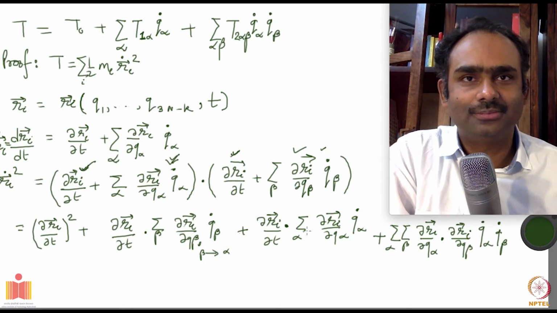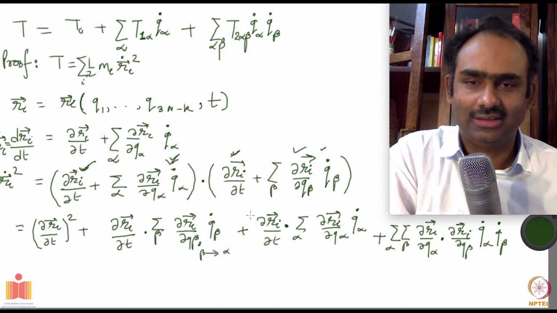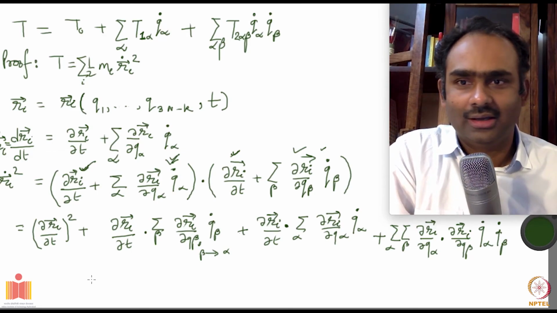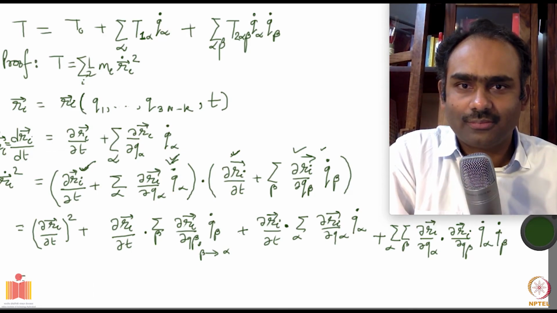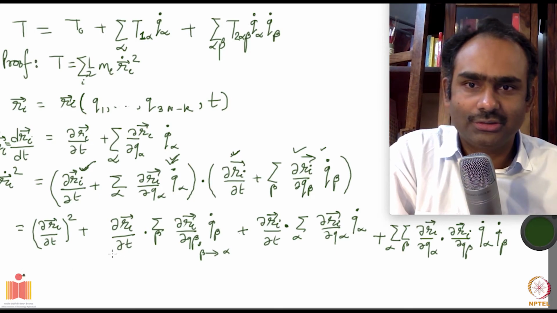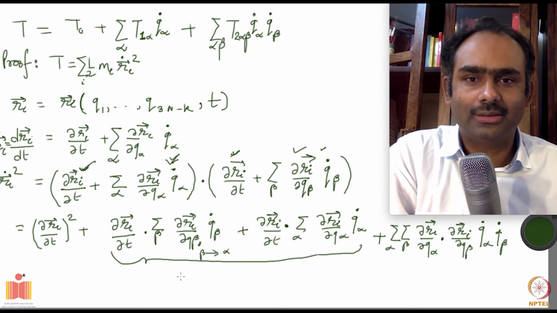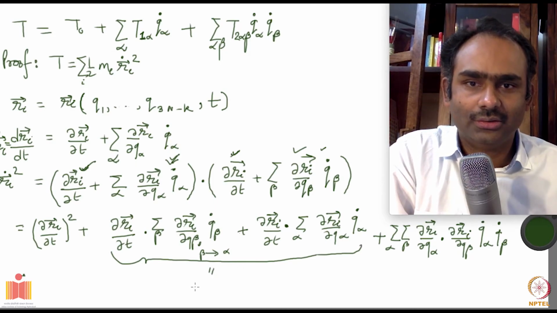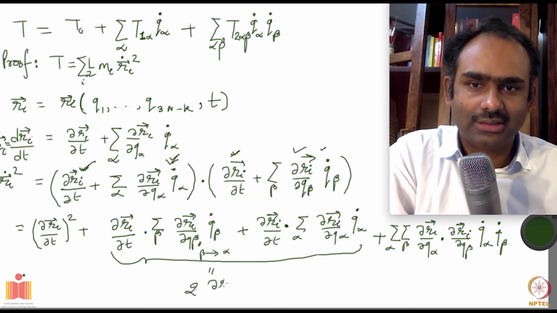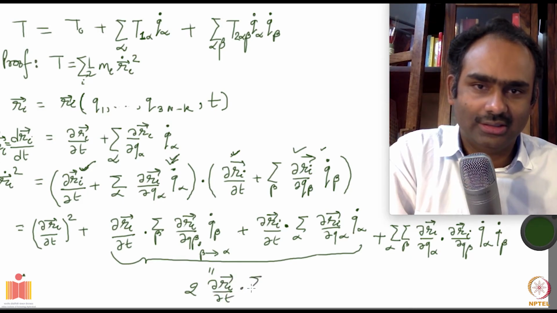Then these two become identical and the sum will have a factor of 2, so these two together become 2 delta Ri over delta T dot summation over alpha delta Ri over delta Q alpha, dot.